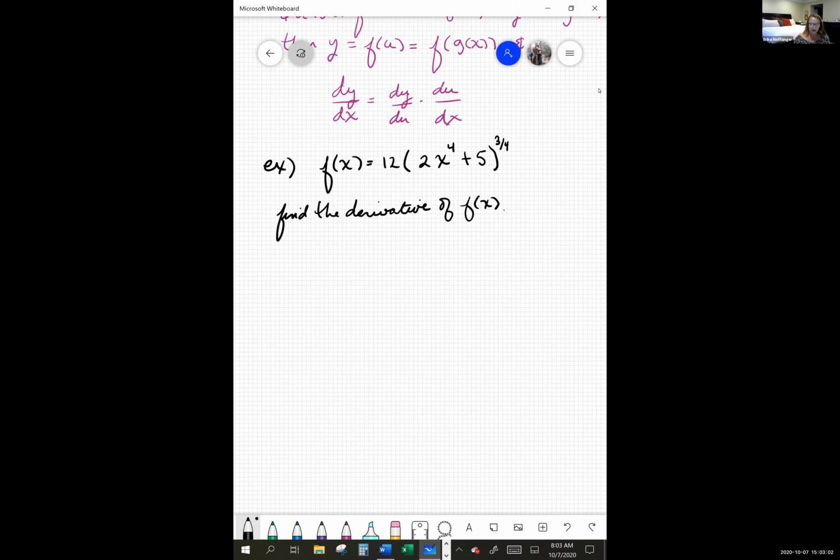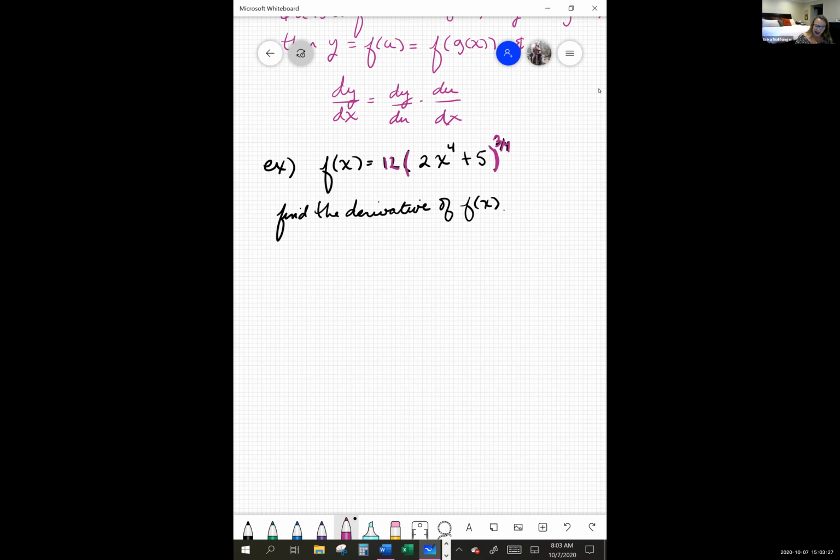Okay, so we want to recognize what is the outer function and what is the inner function. The outer function usually is outside, so what's not in the parentheses, but surrounding it right here.